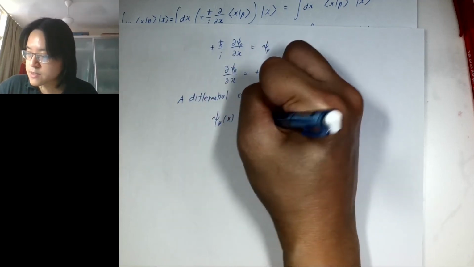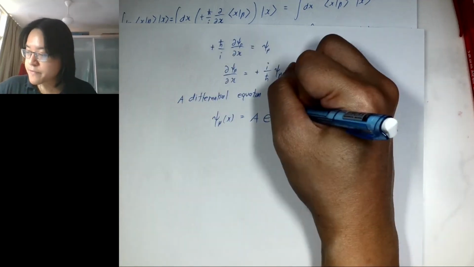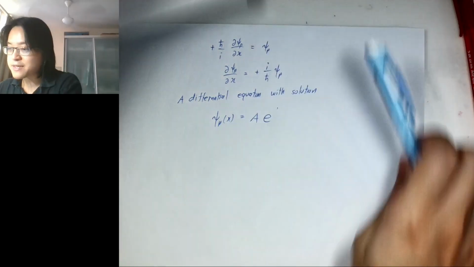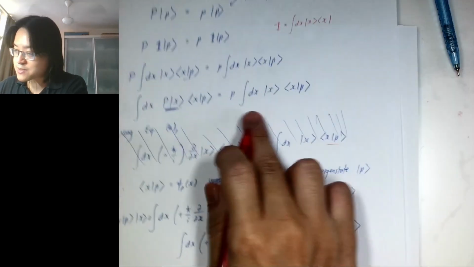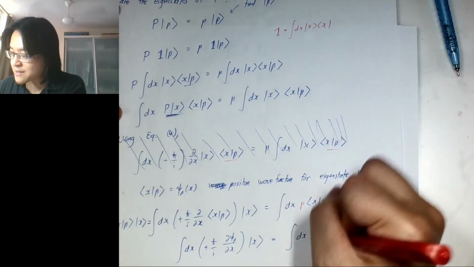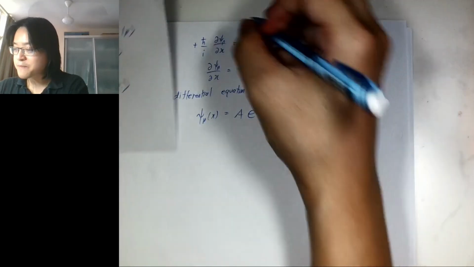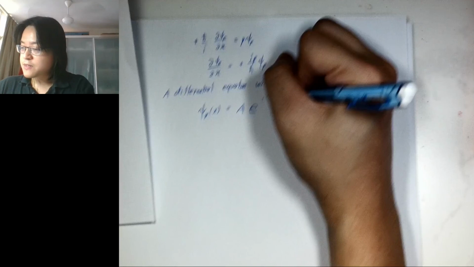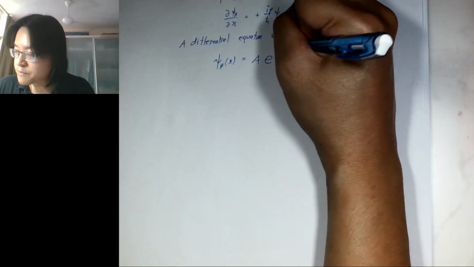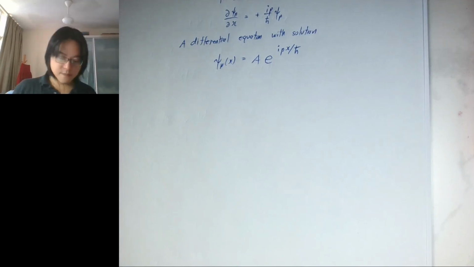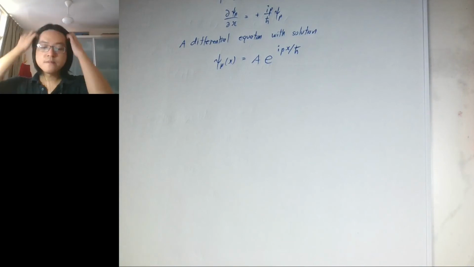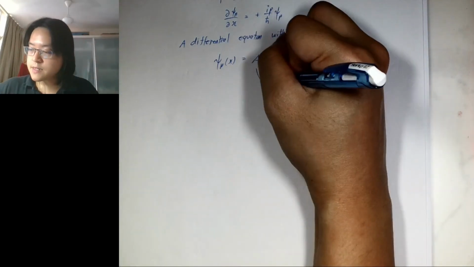Okay, so I got a constant e to the power of, oh, another mistake, I forgot a p here. So there's a p here. I forgot the p. Yeah, sorry, I keep confusing myself today. There's a p, and then there's a p here. So in other words, this is ipx over h bar. Okay, and this is a constant.